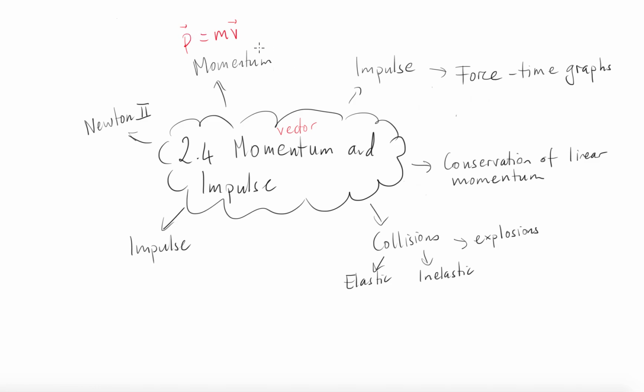So it's very important to note that momentum has a magnitude and a direction. Mass has units kilograms and velocity has units meters per second. The unit is the kilogram meter per second.